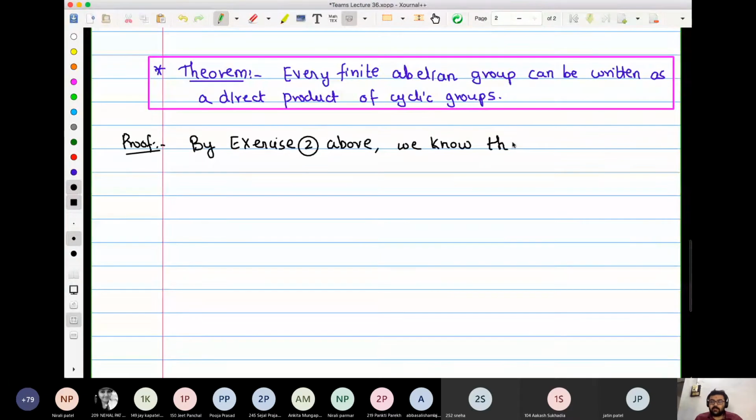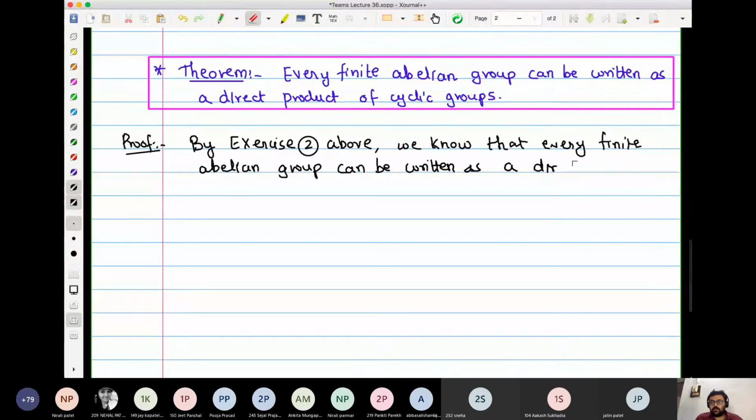So we know that every finite abelian group can be written as a direct product of its Sylow subgroups. Any questions, if you have, if I'm going too fast, I am going slowly.